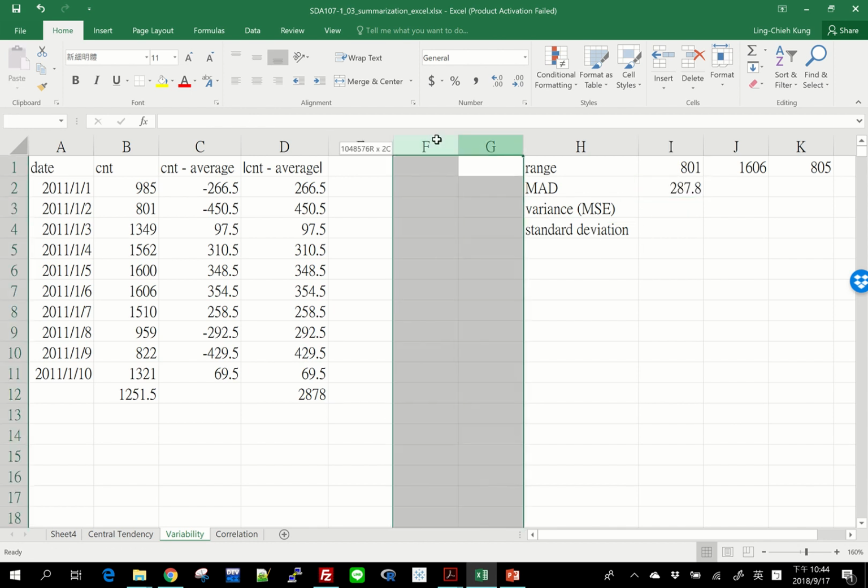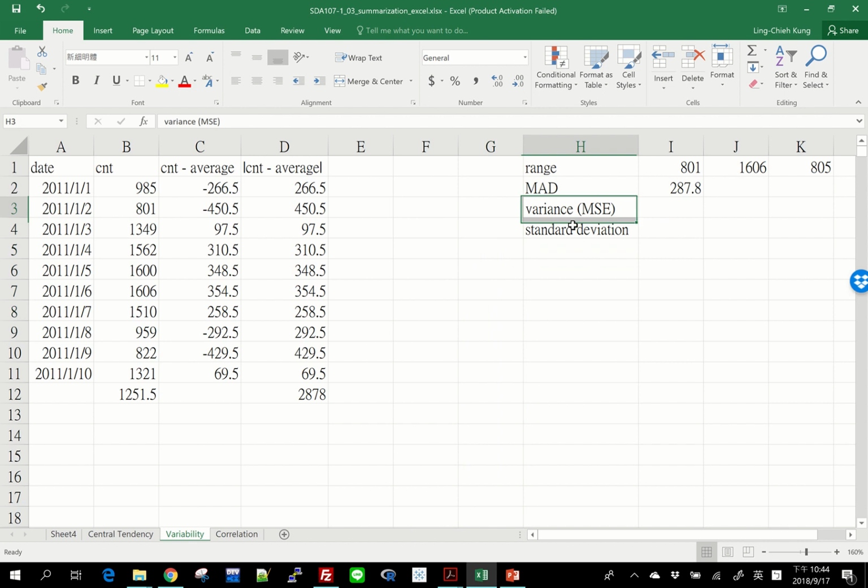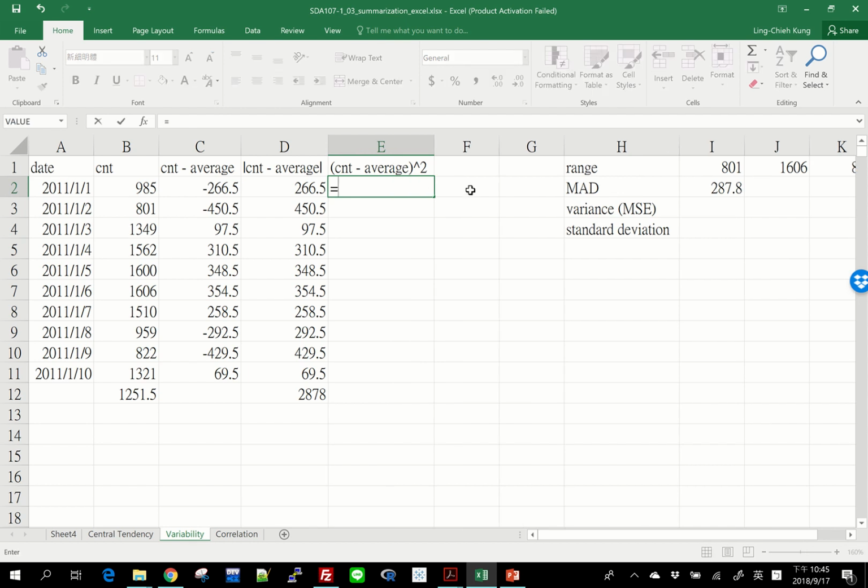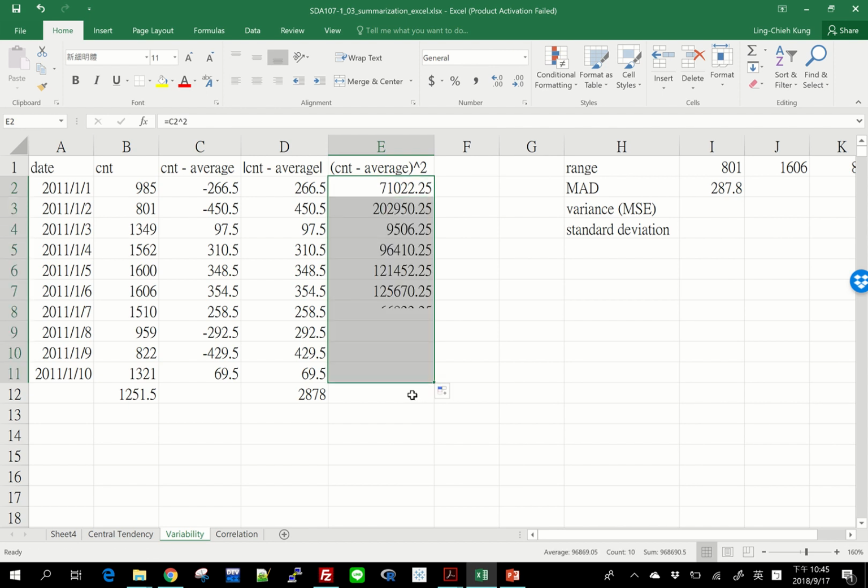Okay, that sounds good. And then how about variance or MSE? So let's try to first calculate MSE by ourselves. If that's the case, we need to take square instead of taking absolute values. So I'm going to take the deviation and then square it. Okay, I get all these values.